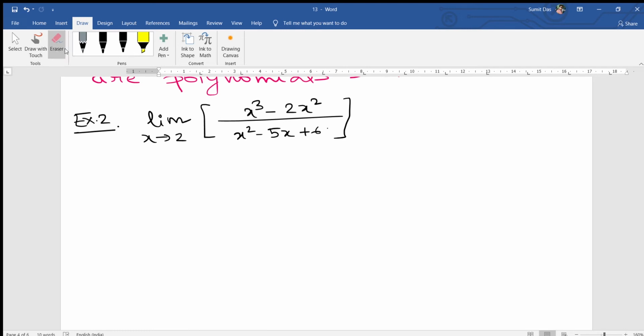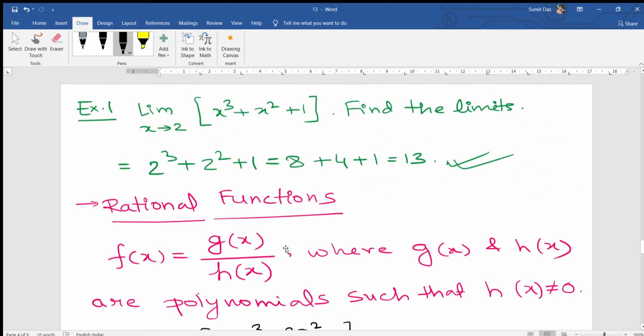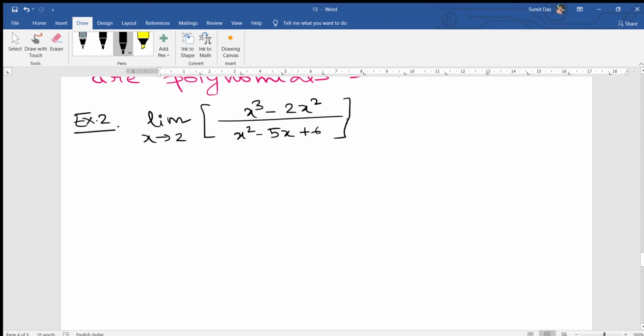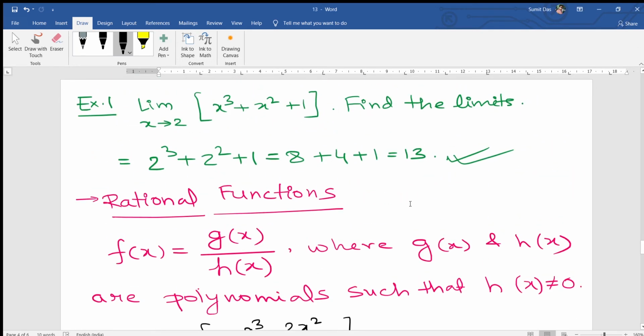Okay, now do one thing. Like the previous method, we just put the value directly, right? Try to directly put the value here and let me know what answer you are getting. Is my question clear? Like the previous example 1 I showed you.